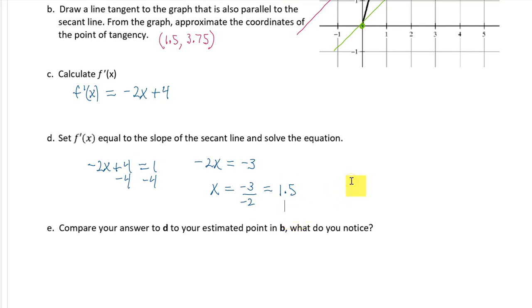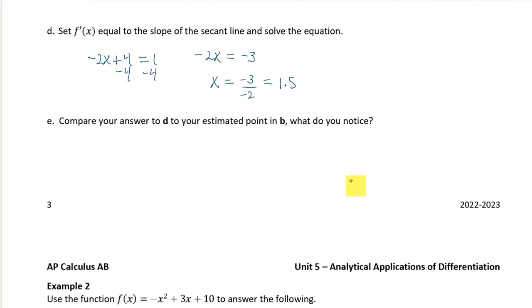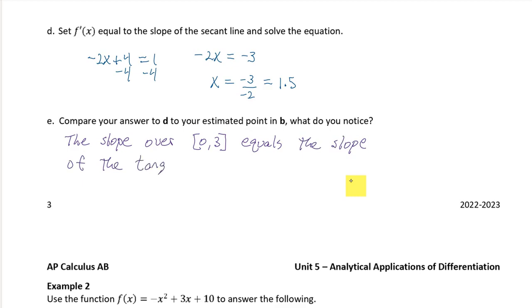So what we can say here is the slope over the interval from 0 to 3, that was 1, equals the slope of the tangent line at x equals 1.5. And as long as your graph is differentiable, then you're good to go.